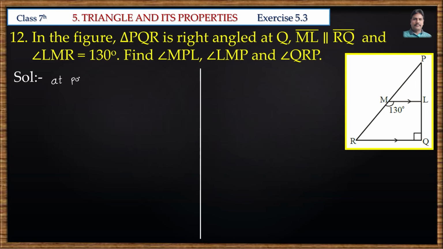At point M on line PR, angle LMP plus angle LMR will be 180 degrees, because they are adjacent angles on a straight line.